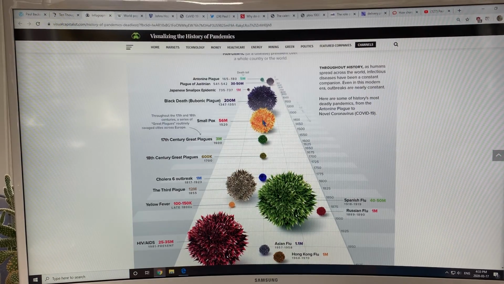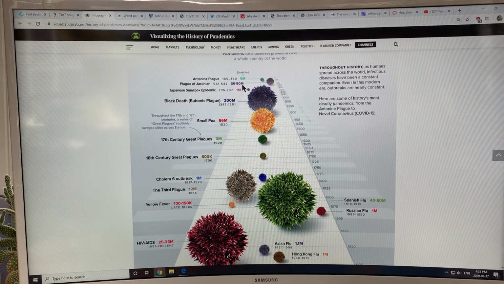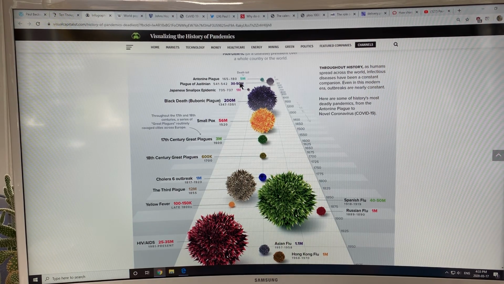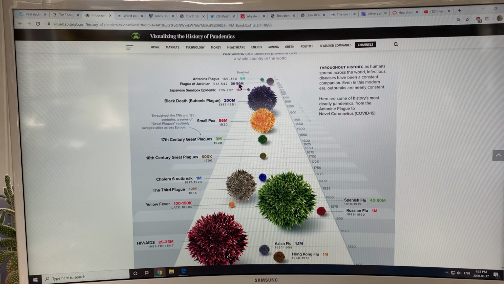So now we're talking about 30 to 50 million. 50 million would be 25% of the global population affected by this plague. These were big deals. These were enormous. So we have Japanese smallpox, and then we have the biggie, the Black Death, or the Bubonic Plague. Between 1347 and 1351, it killed an estimated 200 million people.